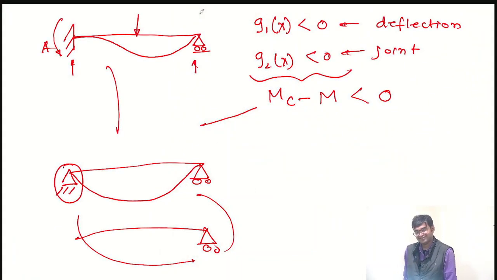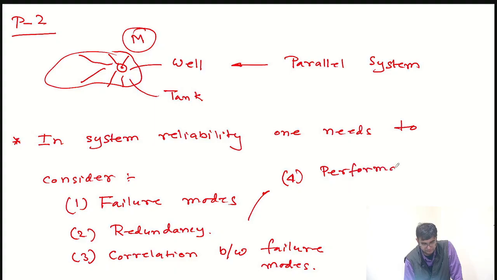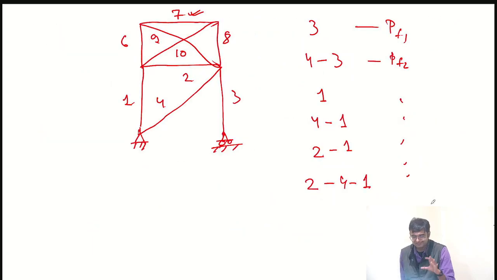So the idea is the performance after a component has failed, or rather you can say the post failure behavior of a component. If the post failure behavior is fine, then it's fine.